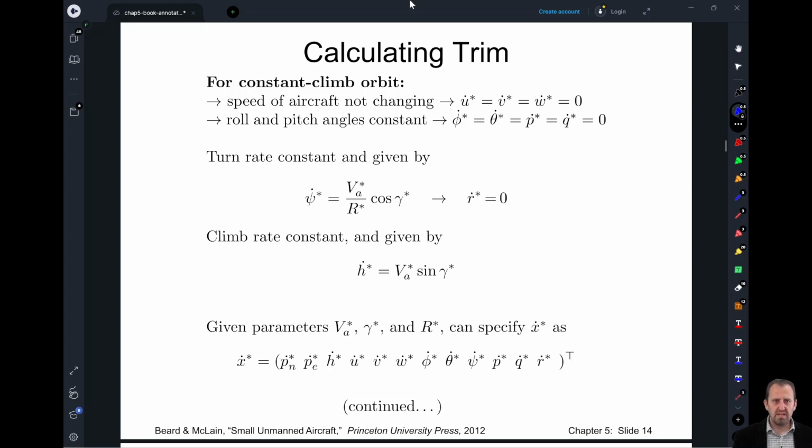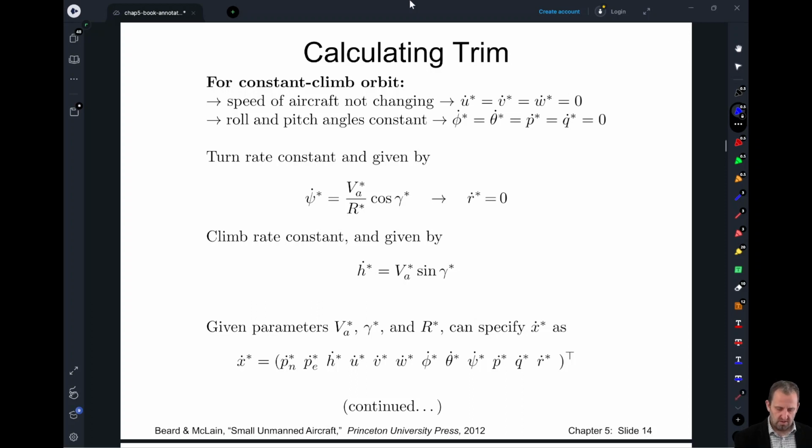So if the speed of our aircraft is not changing, that would mean that our U dot, V dot, and W dot are going to be equal to 0. And remember, that doesn't mean that our aircraft can't go in a circle, because these variables are defined in the body frame. So our aircraft speed isn't changing. The roll and pitch angles are going to be constant.